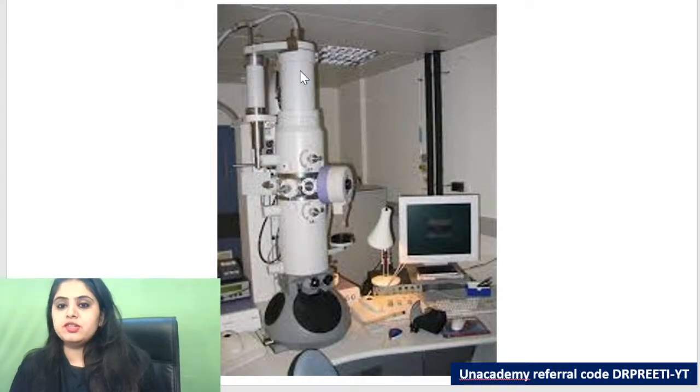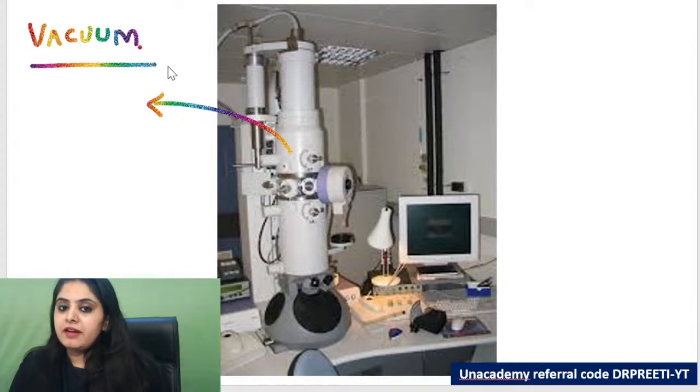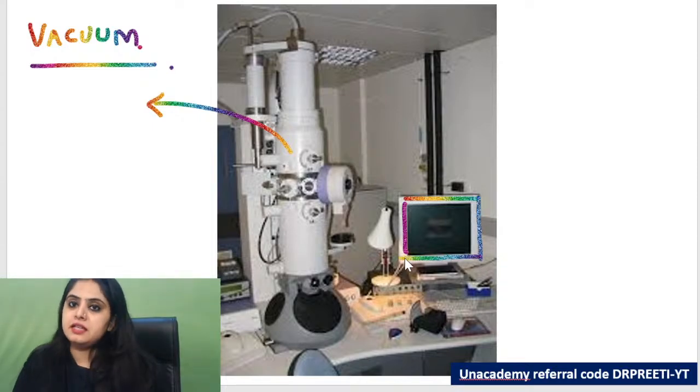Everything is enclosed, because what they try to maintain inside is vacuum. That is how you identify it. Whatever specimen, sample, or biopsy you want to see, you will be able to see on an adjacent screen.